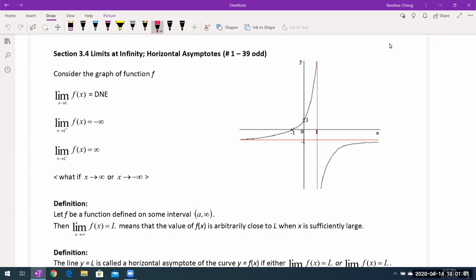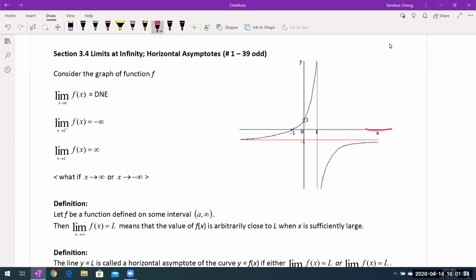So now, what happens if x is going to positive infinity or x is going to negative infinity? That's what we want to look at. If you look at this graph, I can intuitively talk about this, something we have learned before in pre-calc. As x approaches positive infinity, it means you're getting larger and larger x.